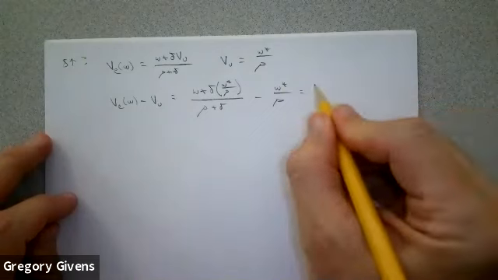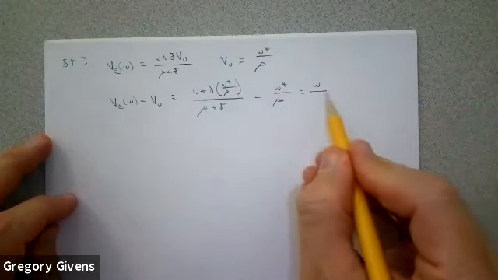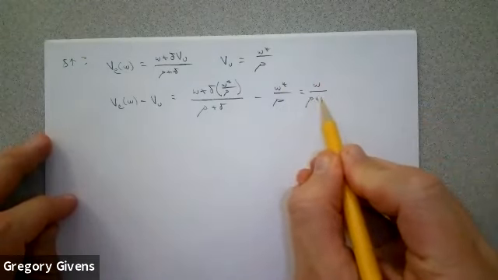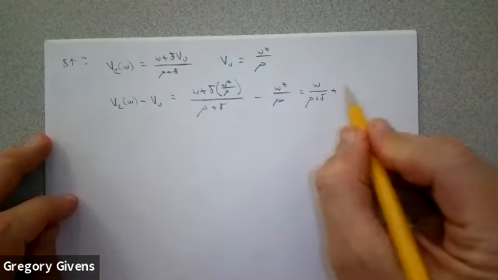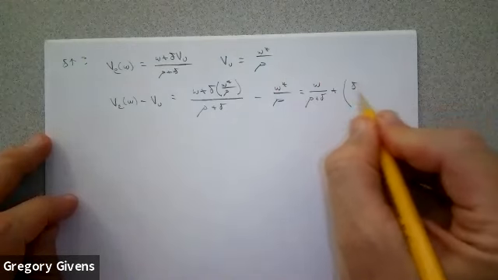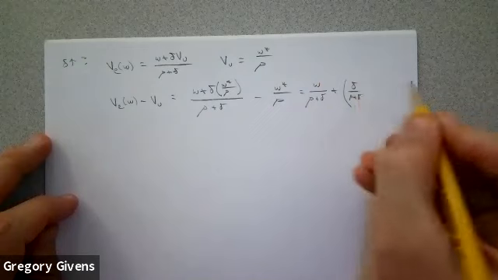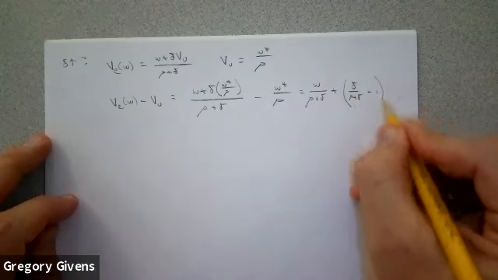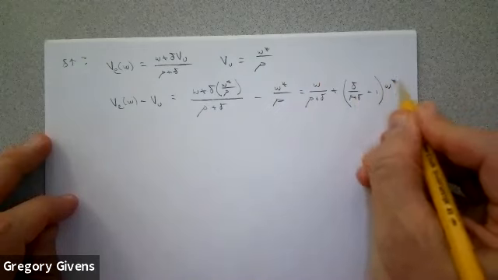Well, that's equal to, let me separate the terms here, W divided by rho plus delta plus quantity delta over rho plus delta minus 1 times W star over rho.